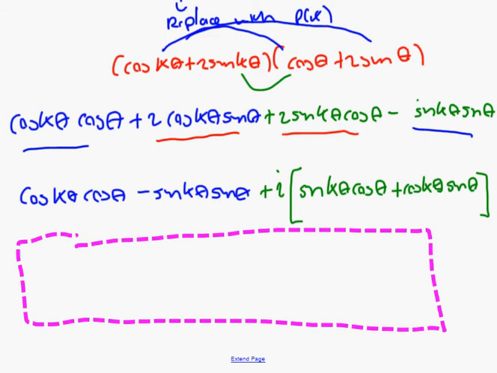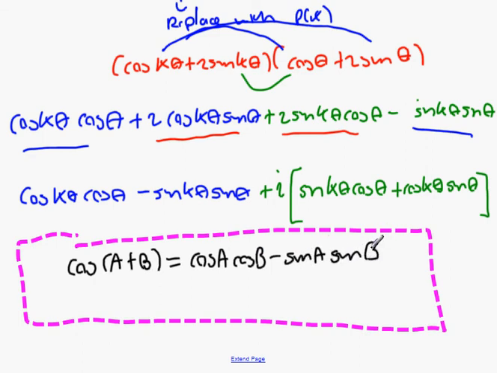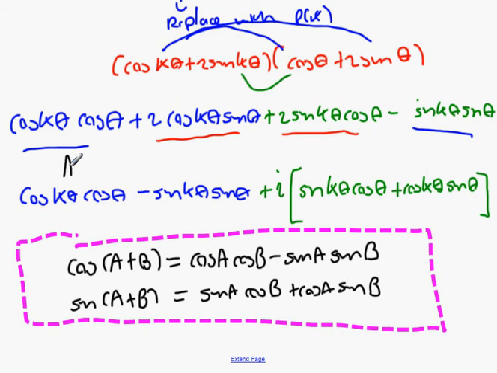The first trigonometry rule, in your tables, is cos(A+B) = cos A cos B minus sine A sine B. The second one is sine(A+B) = sine A cos B plus cos A sine B. Now look at this, guys. That can be A, that can be B, that can be A, that can be B. Now look what happens if we apply these rules.